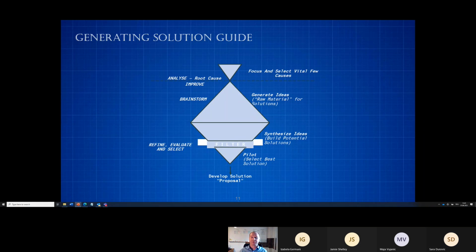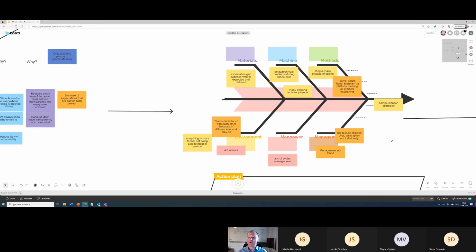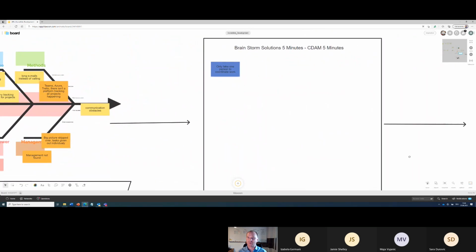And then when we come into the solution generation phase, again, we try and blow up as many ideas as possible. Once we have as many ideas as possible, we try and consolidate them down to the few that we can actually implement and get good results from. So this is a kind of process where you try and capture as much information as possible, consolidate it down, capture as many ideas as possible, consolidate them down again so that you can effectively implement them. So, of course, there are many good ways of brainstorming solutions. So that's exactly what we're going to do.